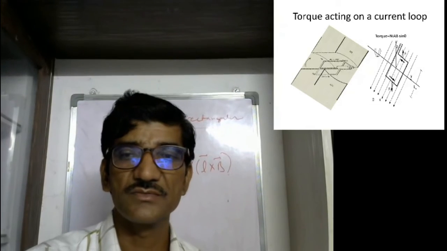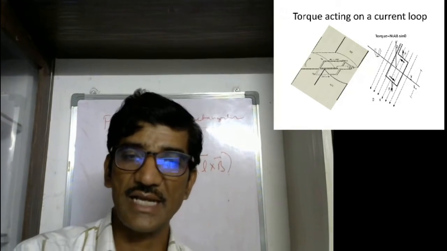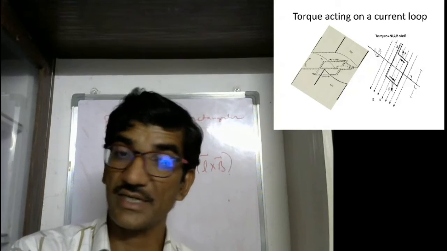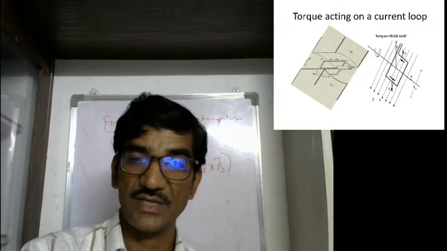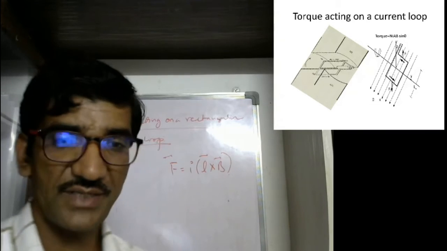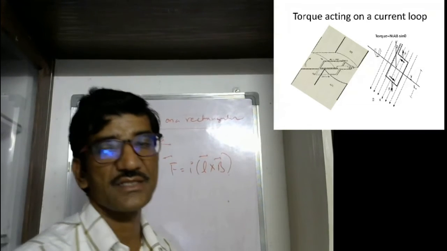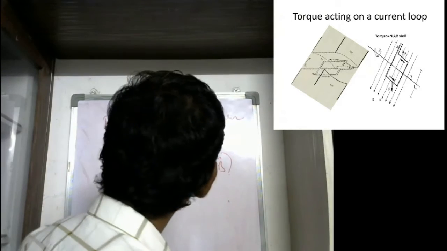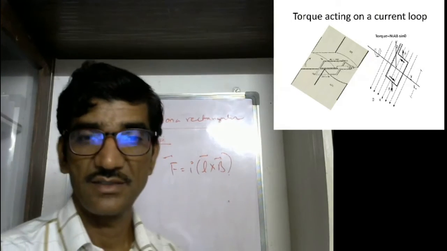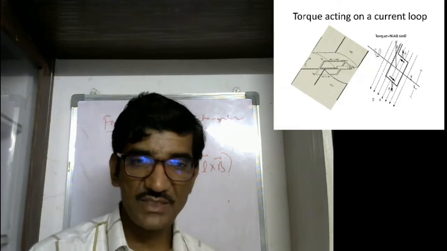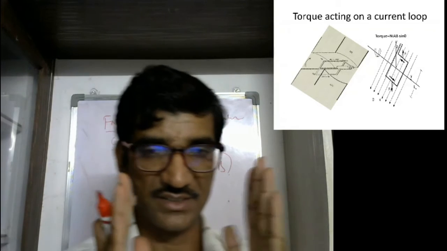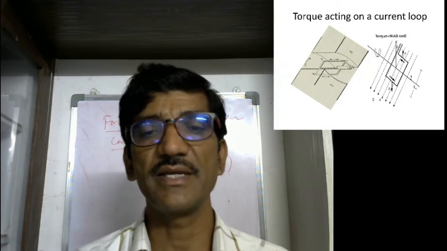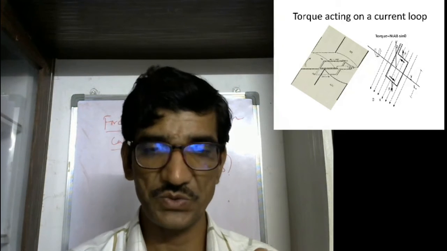Now, here we are taking a rectangular coil. Means how many sides are there? Four sides are there. Four conductors are there. When a coil is placed in the magnetic field, then how much force is acting on each and every side of the coil? Now we are going to see that. In the earlier case, whenever the current flows in the same direction in two parallel wires, there will be attraction between those two wires.